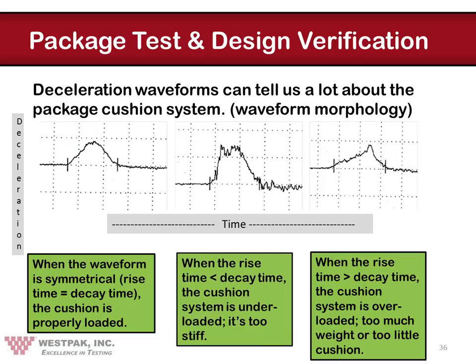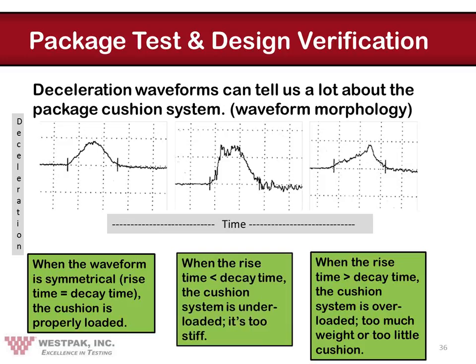When this rise time, again from the zero point up to the peak, is very short relative to the decay time, then you know the cushion is underloaded. In other words, it's too stiff. You don't have enough load to compress the cushion, or there's too much cushion. So it's just too stiff. So that's a key to note there.